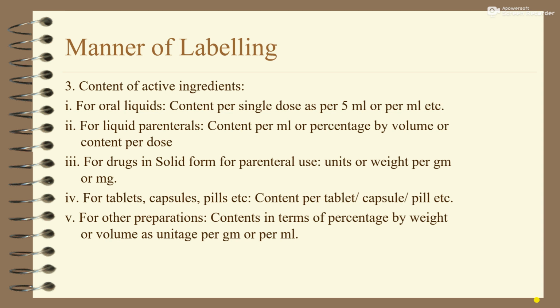For tablets, capsules or pills, content per tablet, capsule or pill should be mentioned over the label. For other preparations, contents in terms of percentage by weight or volume, or unitage per gram or per ml, should be mentioned over the label.